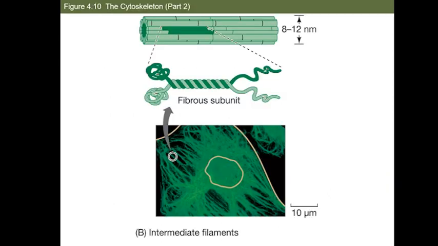So here are the fibrous subunits. So this is a lot bigger, 8 to 12 nanometers. So they have these subunits. So in each of these, you kind of have an end that looks like this wrapped around another end that looks like that.